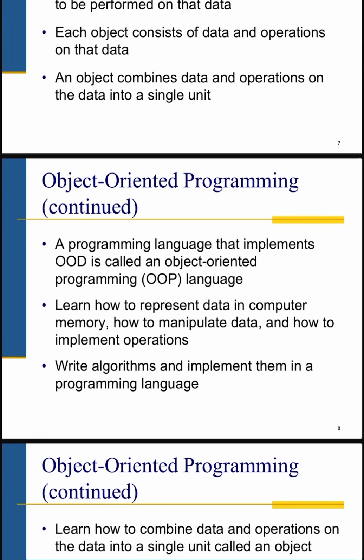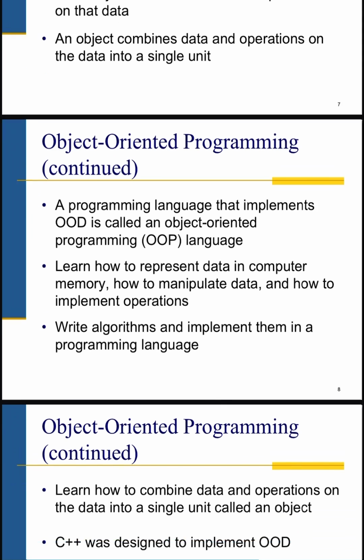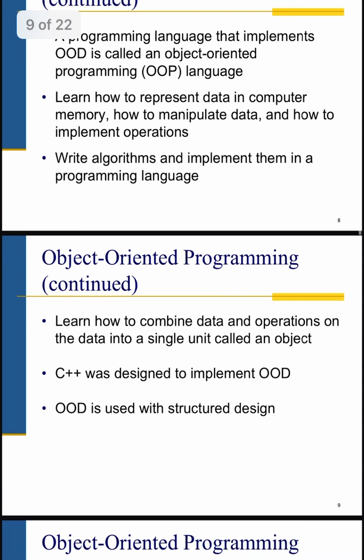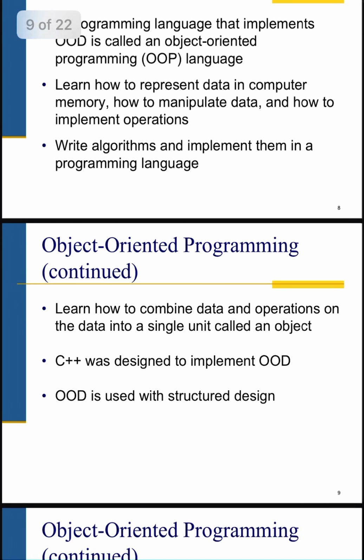Write algorithms and implement them in a programming language. So learn how to combine data and operations on the data into a single unit called an object. And C++ was designed to implement OOD.